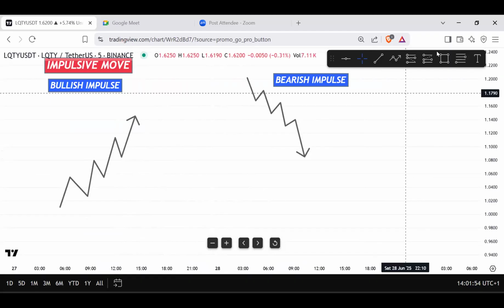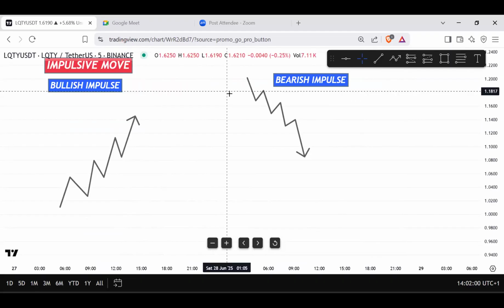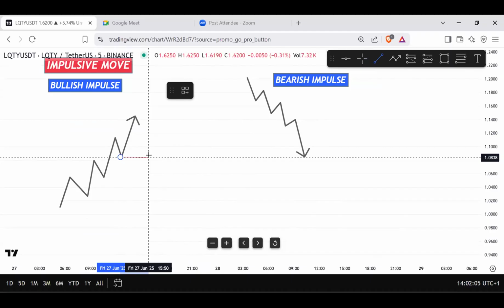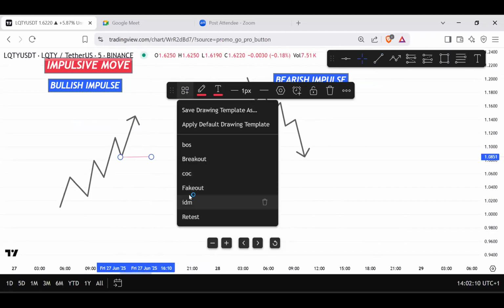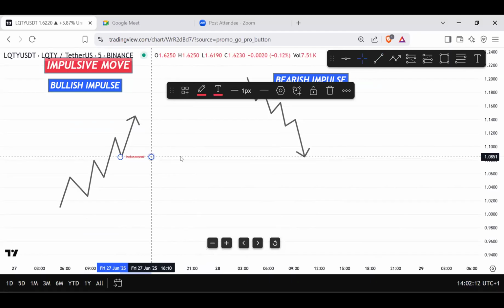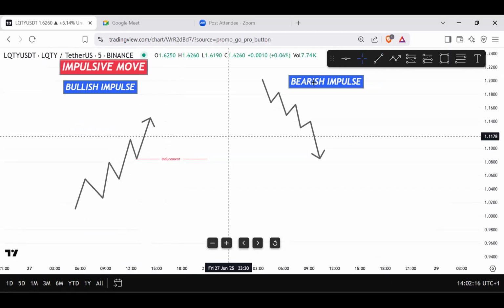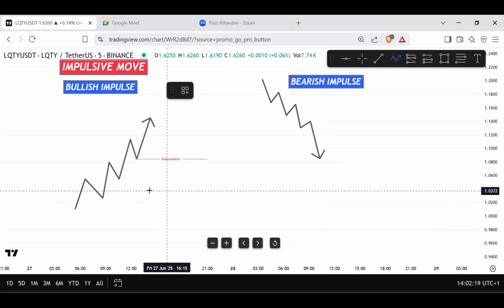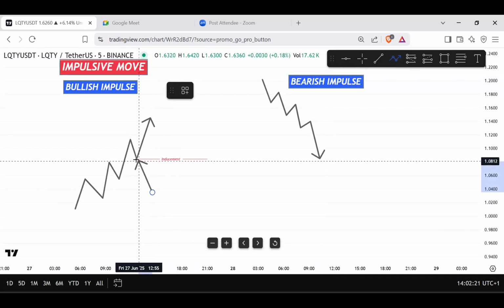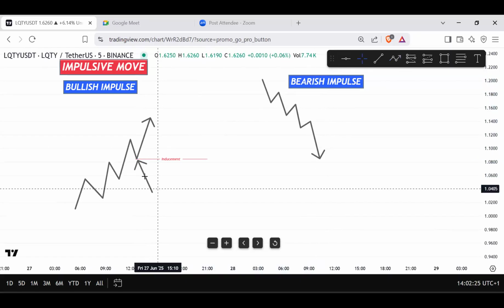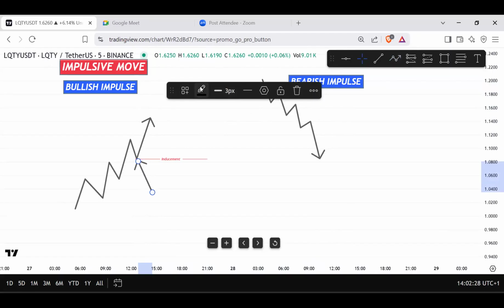Let me show you this point. That's the inducement. This place right here, the last valid pullback.